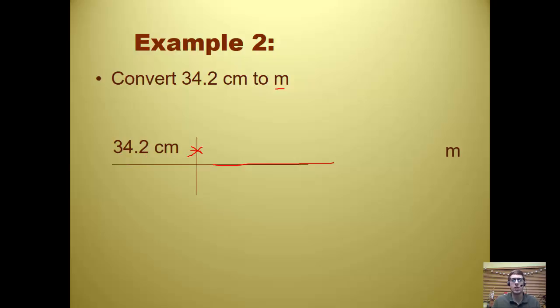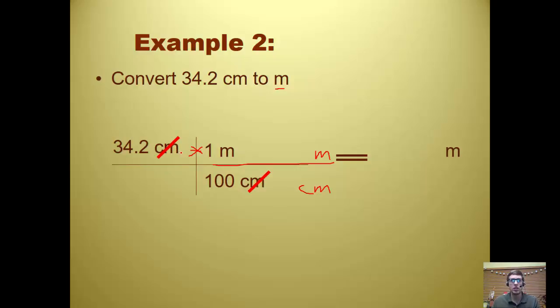34.2 centimeters times some conversion factor gets us into meters. Again, we want meters on top, and centimeters down here, because I want us to cancel out. We know 1 meter is 100 centimeters.